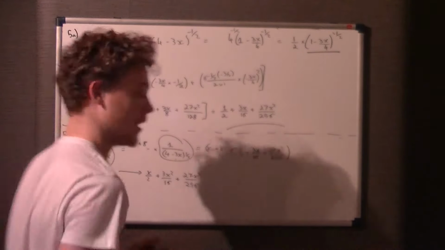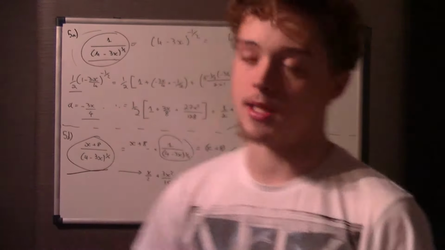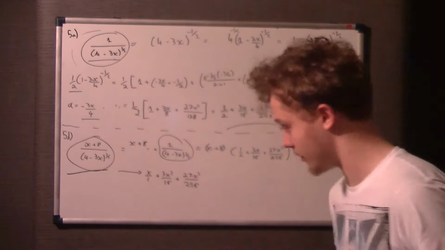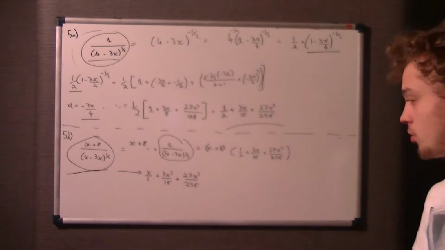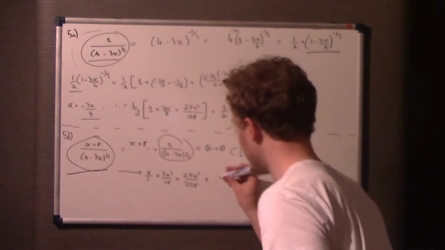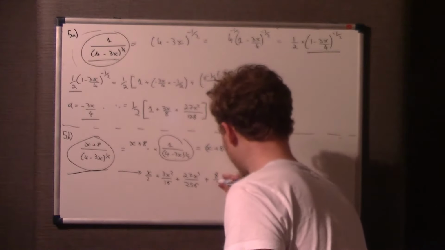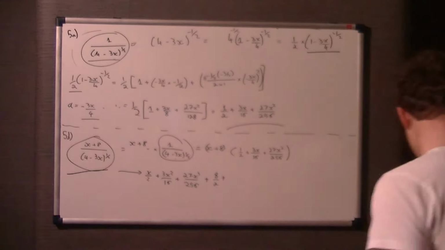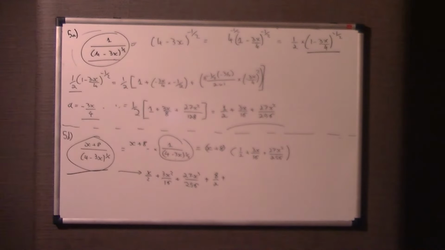Now it only asks for the first 3 terms in ascending order, so increasing. But we're going to expand it all, and then we can just rewrite it as the first 3 terms afterwards to make sure we're not missing anything out. But you can be a risky child if you want to. And then it's 8 times a half, 8 over 2. Now I know that's 4, but just keeping with the theme of keeping it nice and simple.